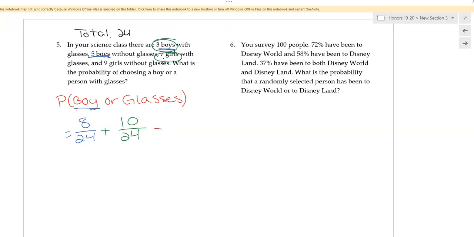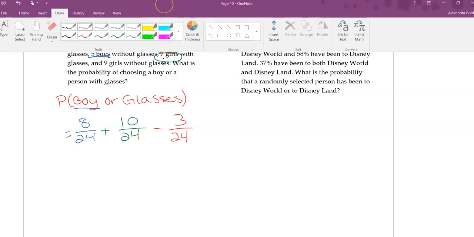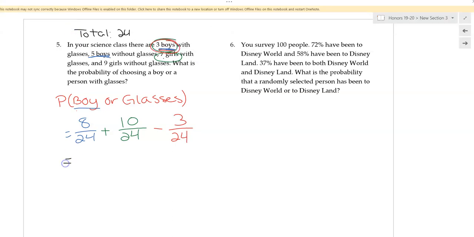So I need boys and glasses. And the reason we're subtracting is whatever you have twice, right? I both underlined and circled 3 boys with glasses. That's the thing that's the and. And the reason we have to subtract it is because we counted it twice. Which equals, well, 8 plus 10 is 18, minus 3 is 15. Or 24. Both of those are divisible by 3, which is 5/8.